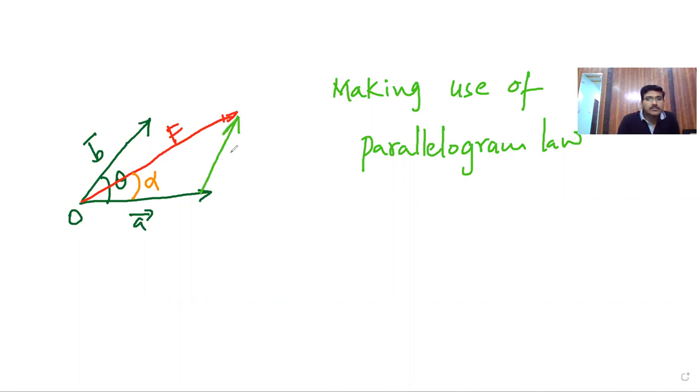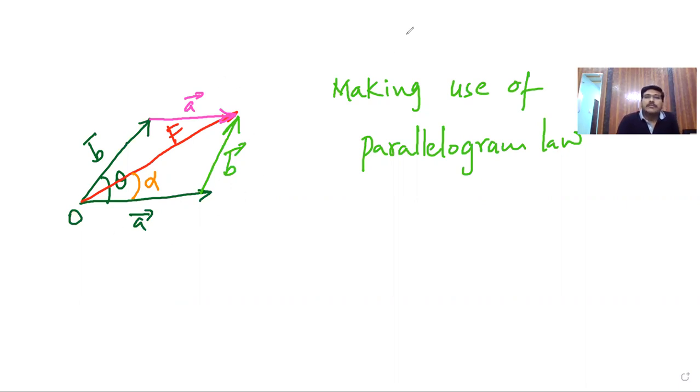This is b bar. Now this is a bar. Now I am dropping a vector parallel here, a bar. So parallel to b bar, here I have dropped b bar. Parallel to a bar, here I have constructed a bar. Okay. Now this is a parallelogram.